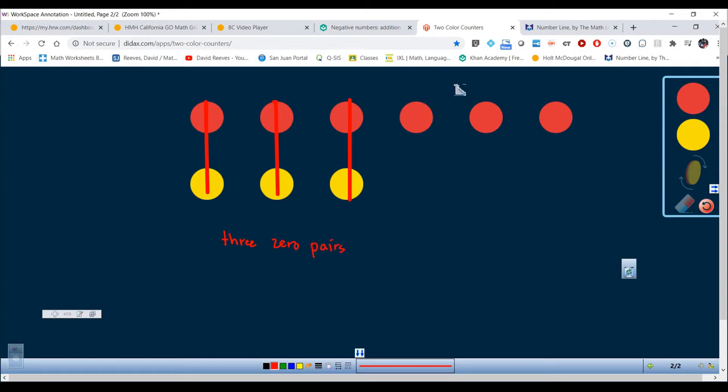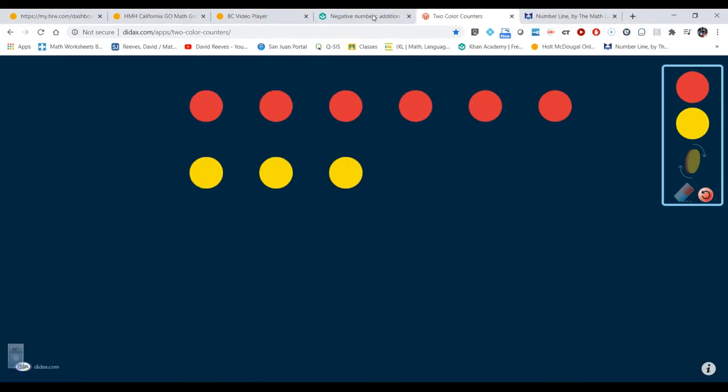And what does that leave me with? What's left? Negative 3. So negative 6 plus positive 3 is equal to negative 3. 6 negatives added to 3 positives, we get 3 zero pairs, and we're left with 3 negatives.